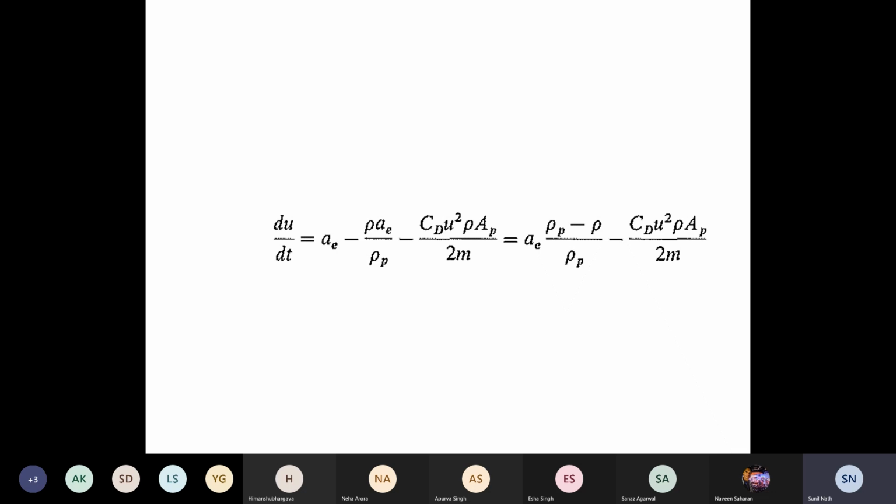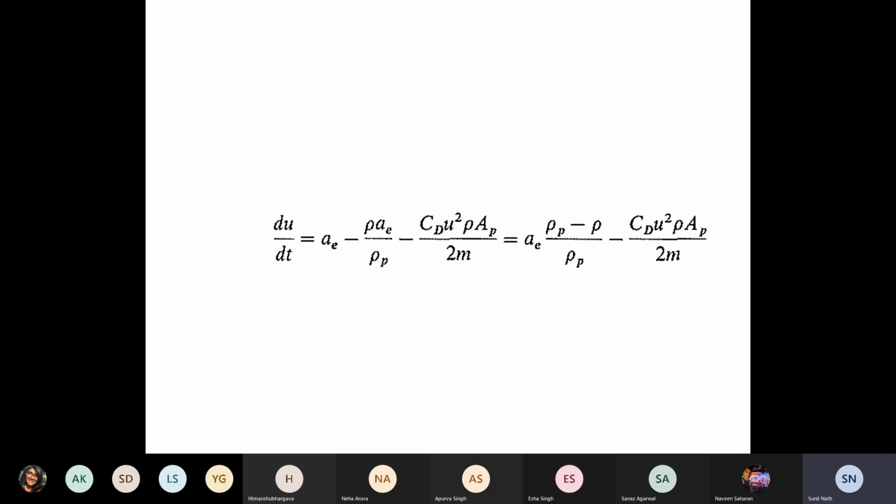I mean, see, mass we can measure. Rho we know. Rho subscript P we also know from the properties of the particle. U we have to find out. A subscript P we can definitely determine for any arbitrary shape. The only problem, of course, is still CD, which is not yet determined, as Ishika also pointed out.